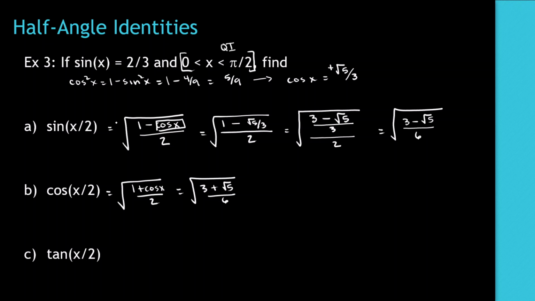Now, let's double check whether these square roots should be plus or minus. If x is in quadrant 1, this is angle x, and I divide x by 2, I will still be in quadrant 1.